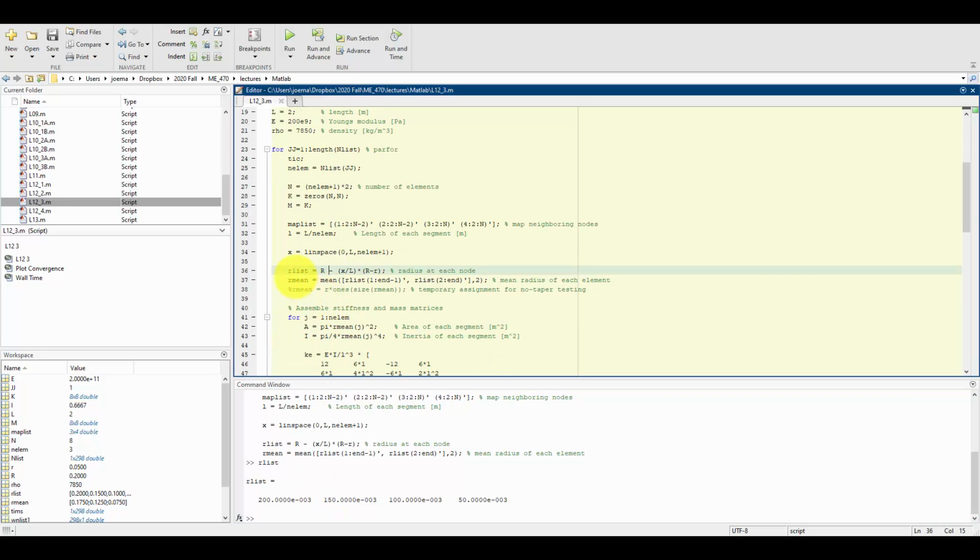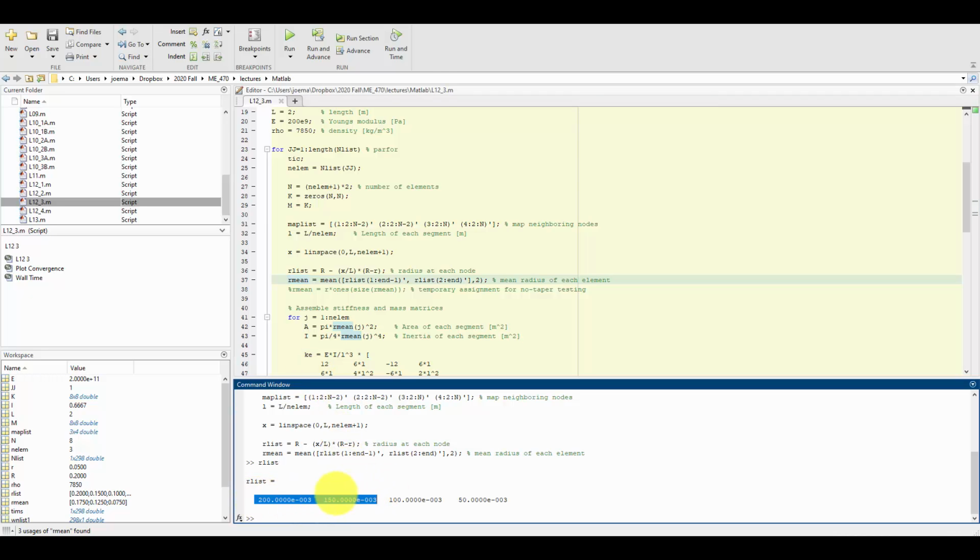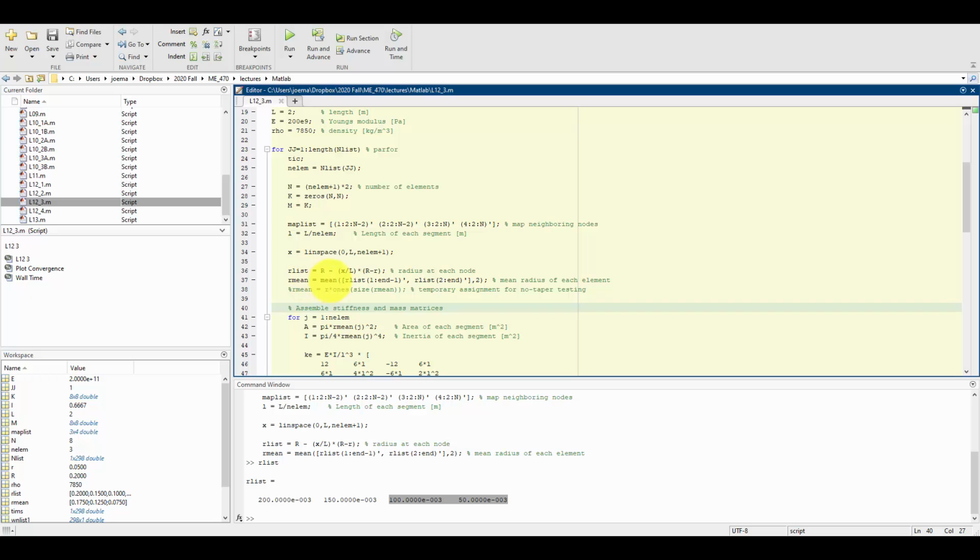So then what I'm using here is I'm calling it R mean. I'm going to use the mean radius for the radius of each element. So for element 1, I'm going to take the average of, again, the left radius and the right radius at those nodes. For element 2, I'm going to take the average of these 2 values, and for element 3, the average of these 2, and use that then to calculate area and moment of inertia.